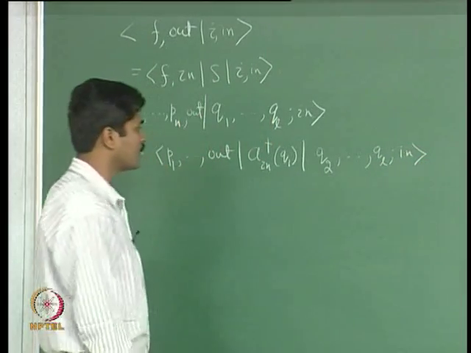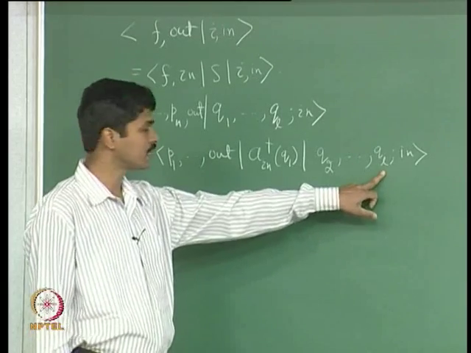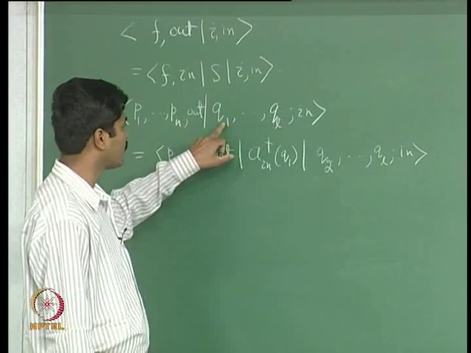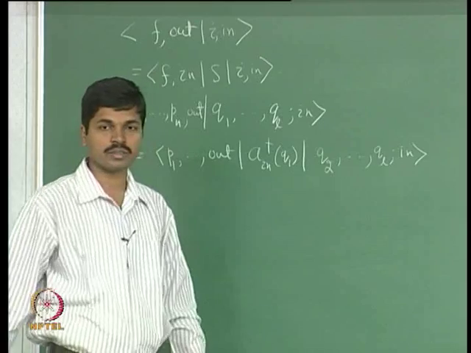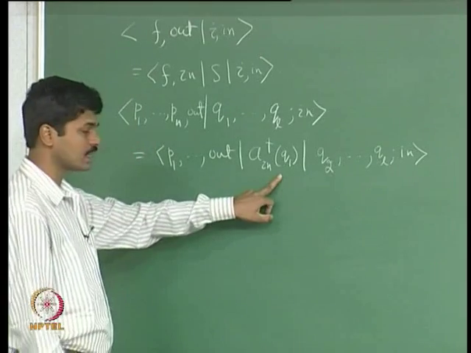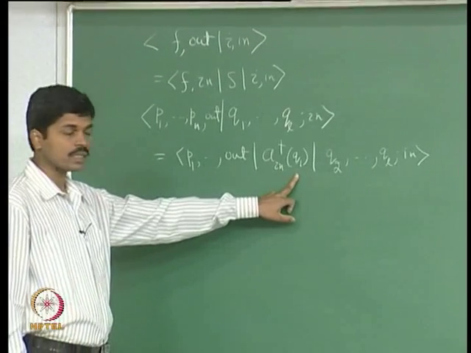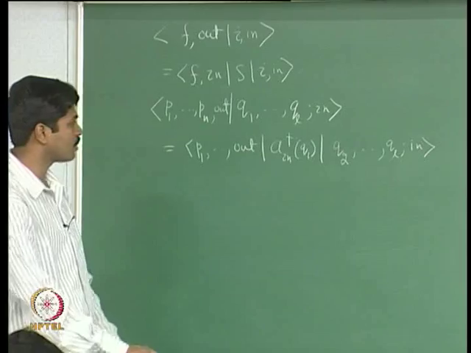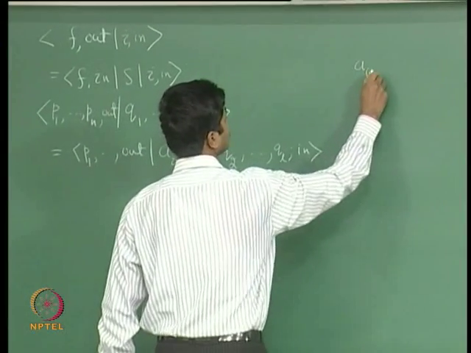So, this is an (L minus 1)-particle state. This creation operator will give us an L-particle state. Since a_in dagger is the creation operator for a free field, we can use the formula for a_in for free fields.